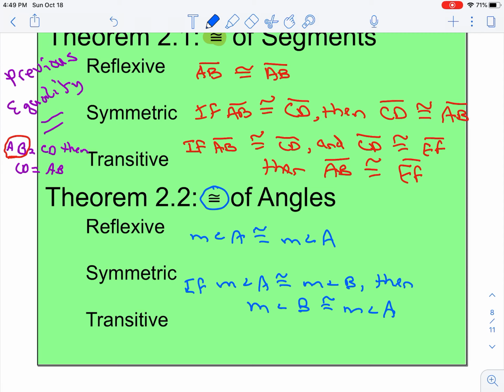And then last but not least, for the transitive property, we won't really need these measures because we are using congruence, but we'll just go ahead.